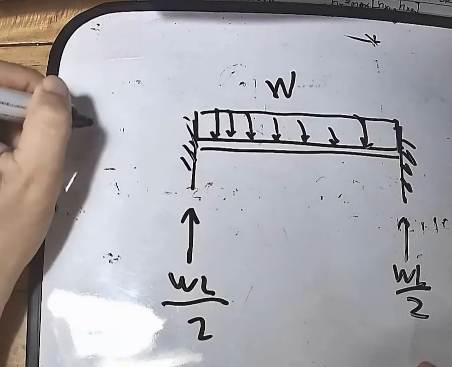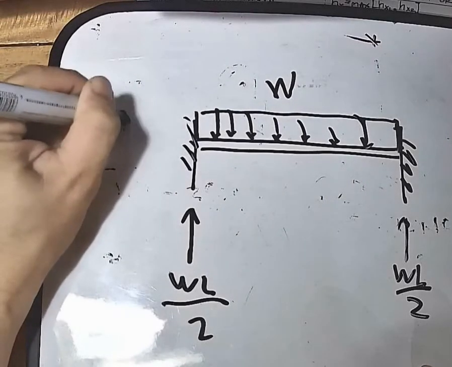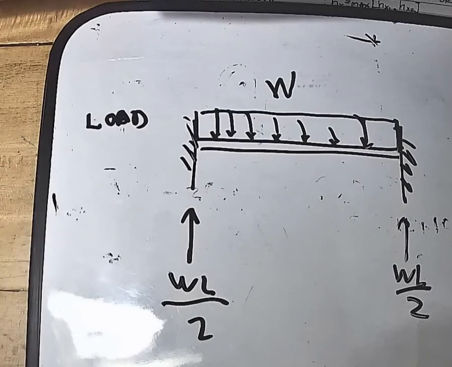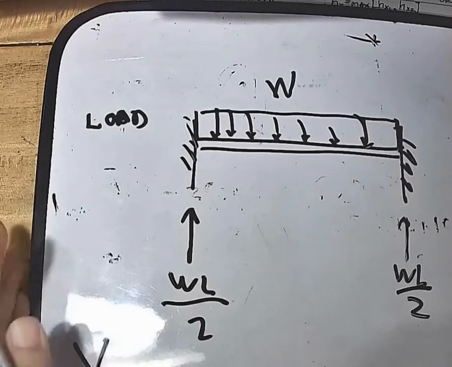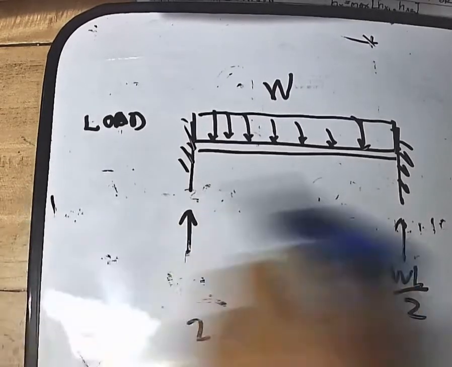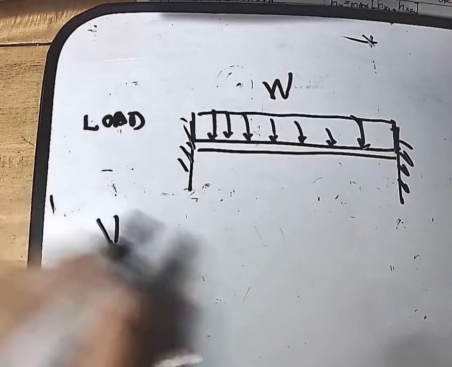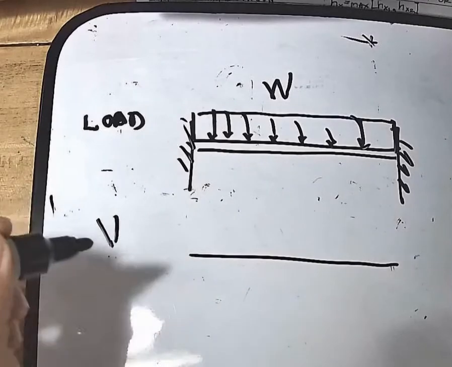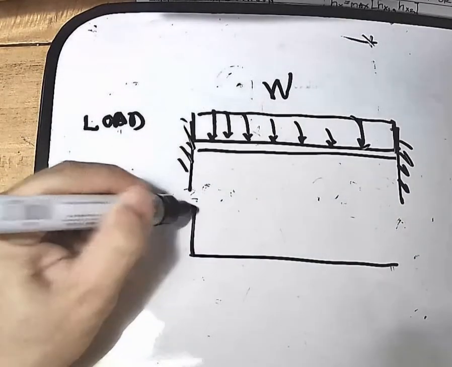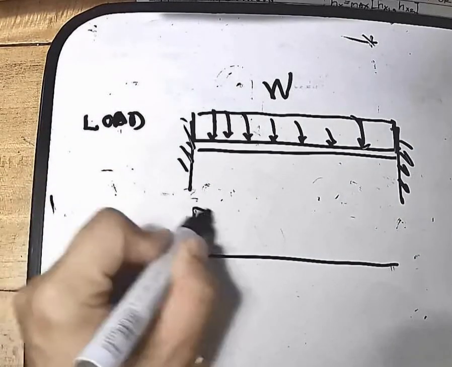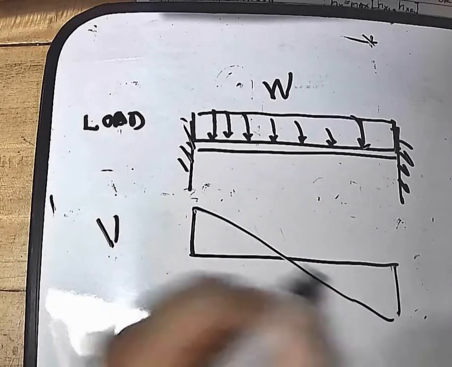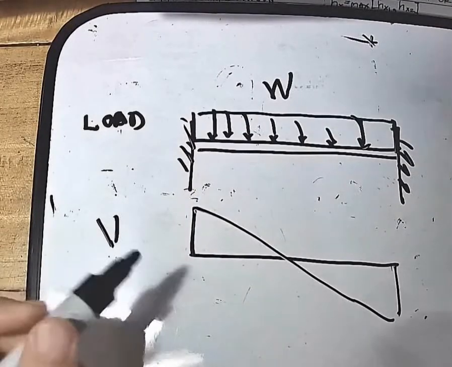Ngayon, yung shear forces mo would be, so this is your load. And then, yung V diagram mo, your V diagram will be something like this. Okay, tapos bababa dyan. Okay, so yan.